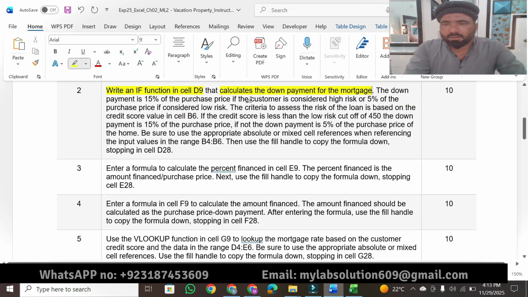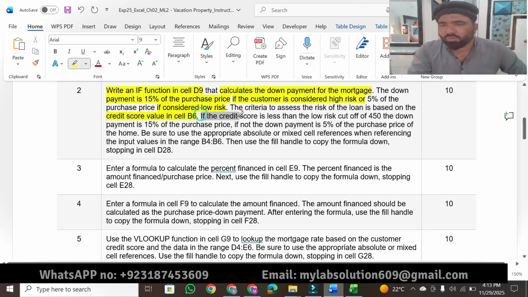Now the down payment is 15% of the purchase price if the customer is considered high risk, or 5% of the purchase price if considered low risk. The criteria assesses the risk of the loan based on the credit score value in cell B6.